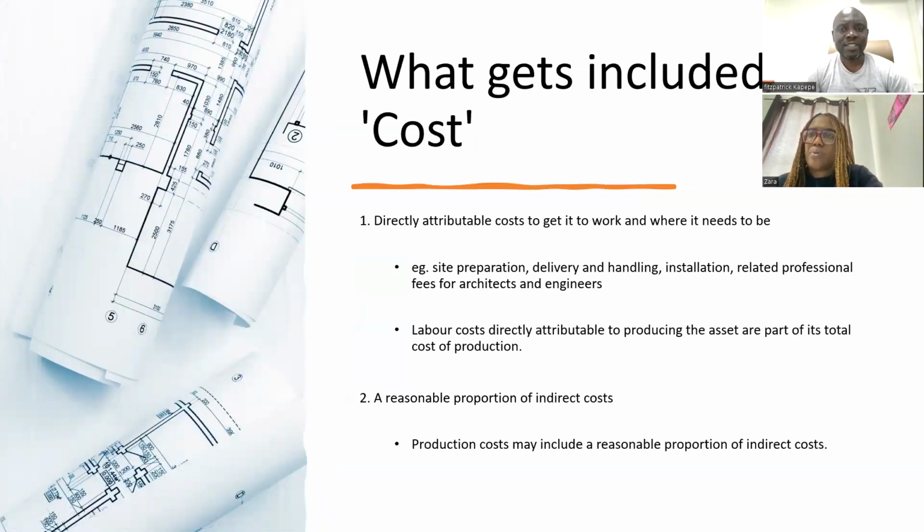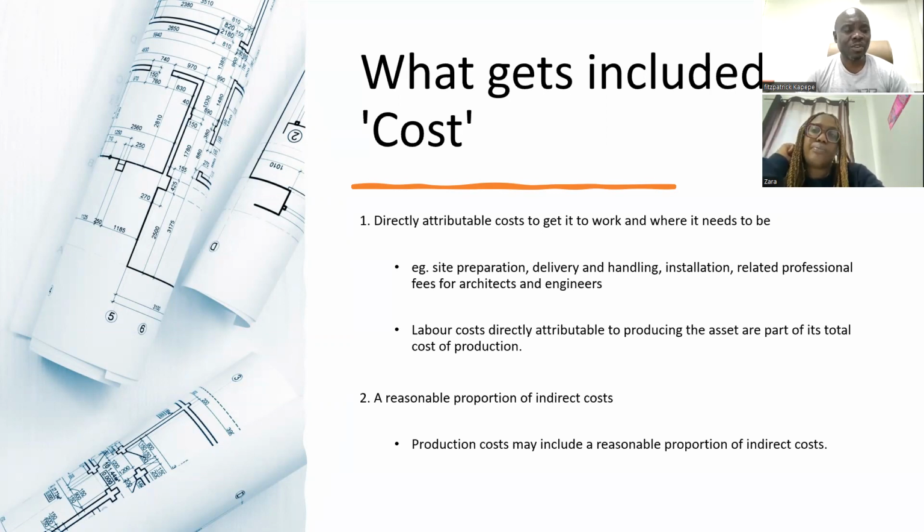So what gets included in the cost? One is those costs that are directly attributable to the actual work. For example, you're going into real estate, into a company that constructs buildings from the ground.